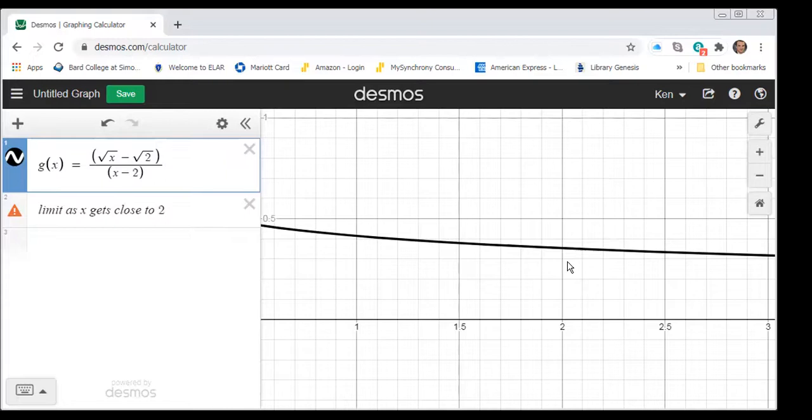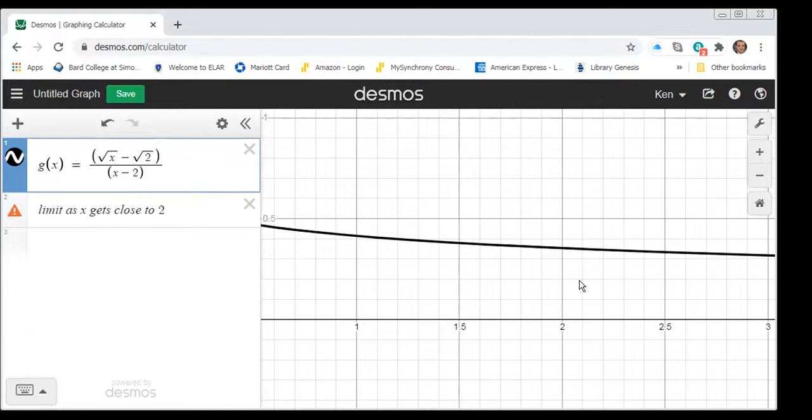So this limit is maybe approaching, what are we seeing, like 0.353 as we're getting close to 2. So I think there definitely is a real number that is the limit as x goes to 2. So those average rates of change are approaching an answer that's approximated by 0.35.